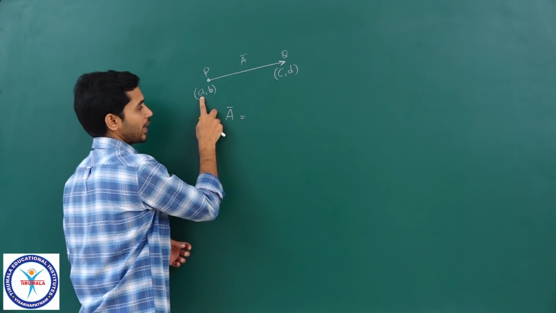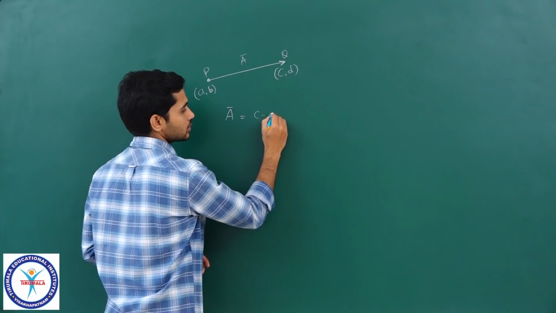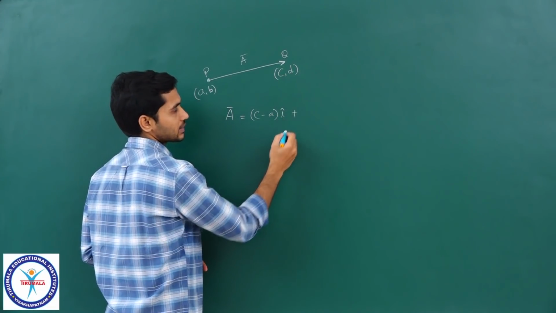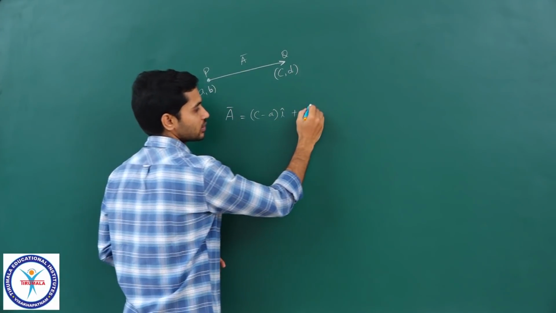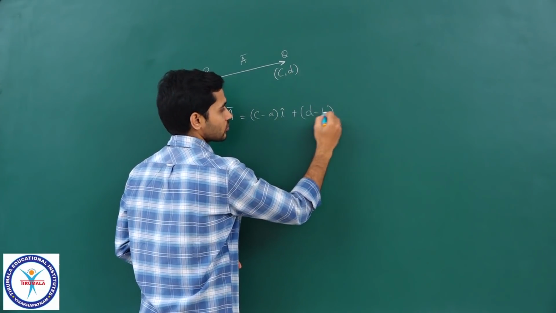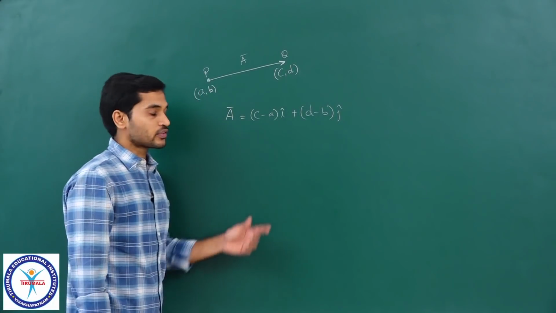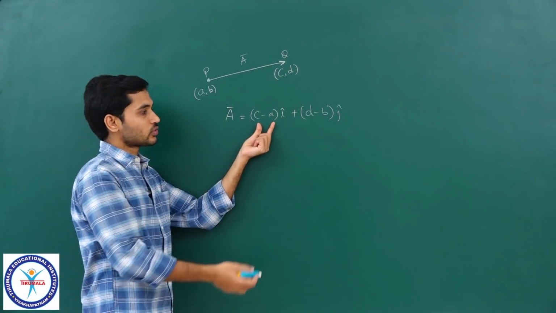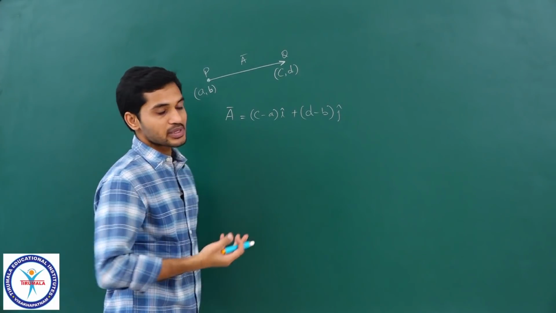So c minus a i cap, c is final, a is initial, i cap plus d minus b j cap. Clear? If you have to find the magnitude of that vector, you will find the resultant, right, root over this square plus this square. So that is the basic idea.